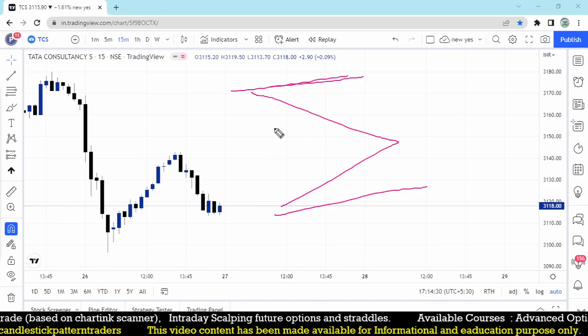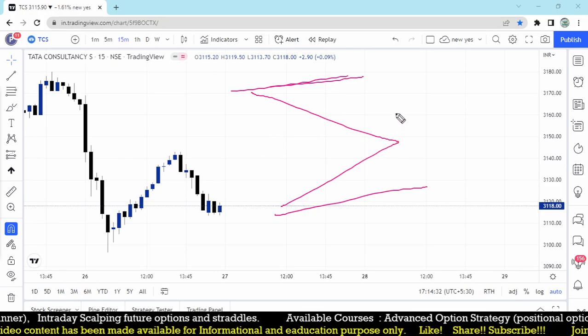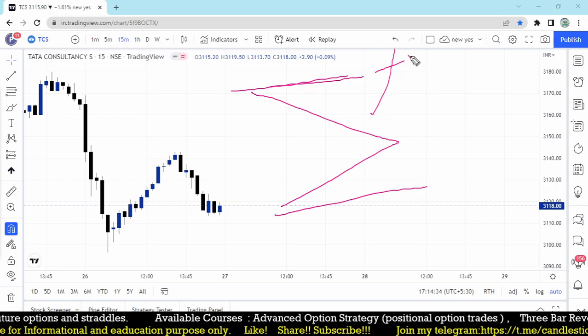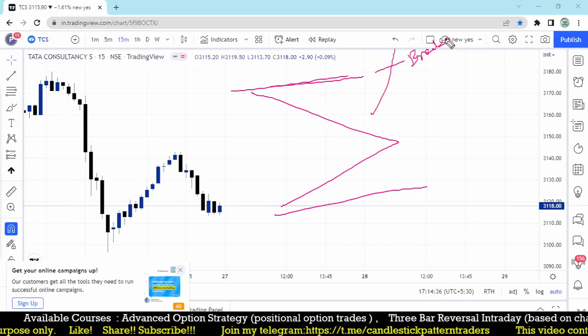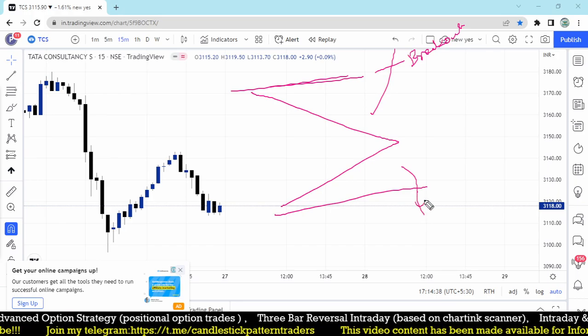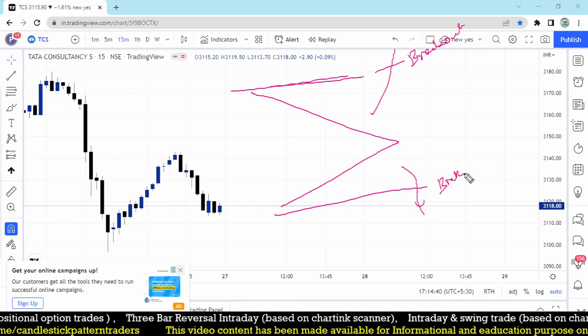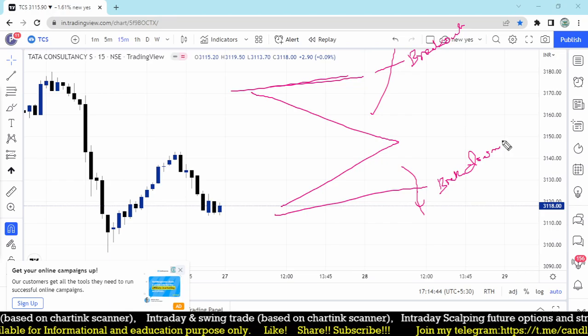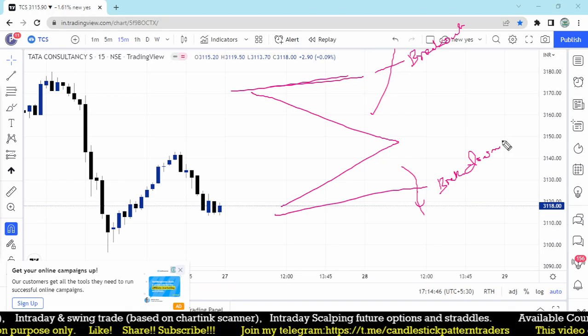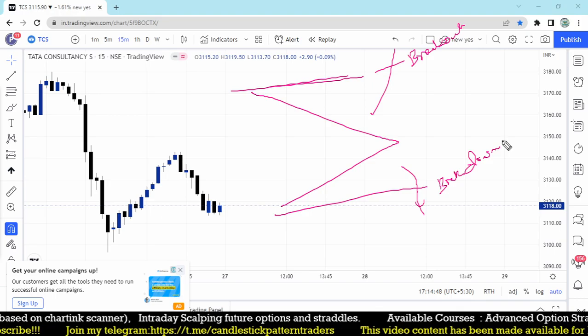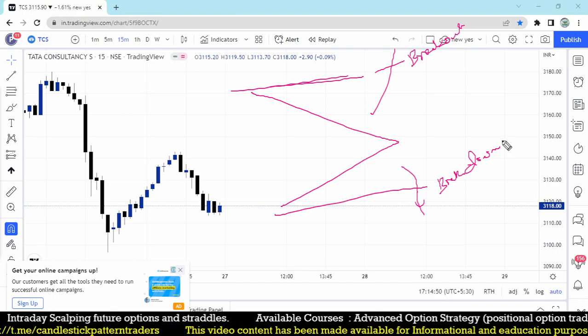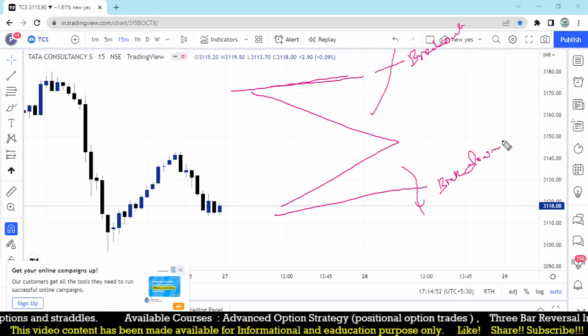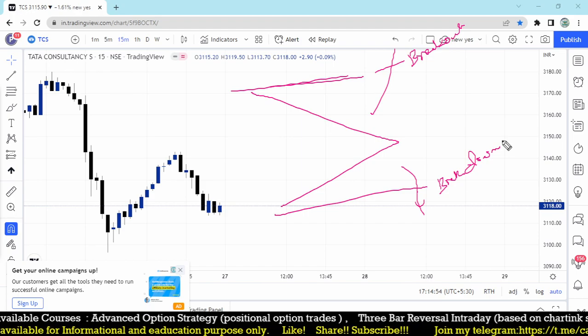If the stock forms this kind of pattern, there is a possible breakout and a possible breakdown. That we are going to find through a scanner. If you are checking many stocks, we cannot easily find such a pattern by reading the charts.